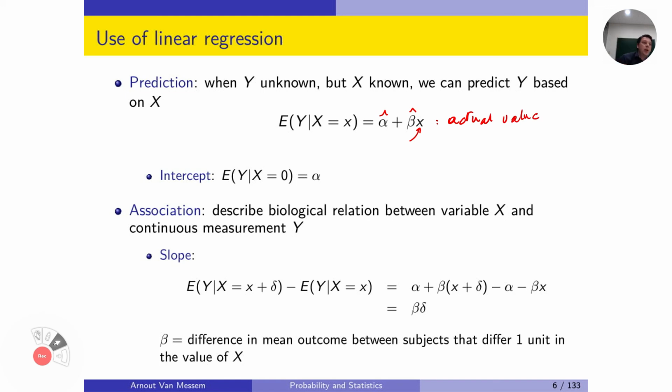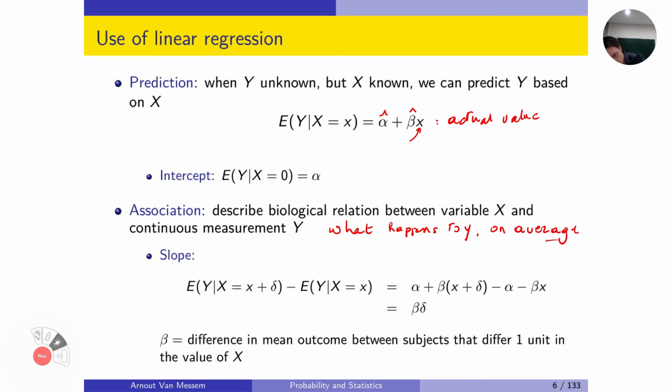The second way we can use linear regression is to get an idea about the association between x and y. What we mean here is what happens to y on average.